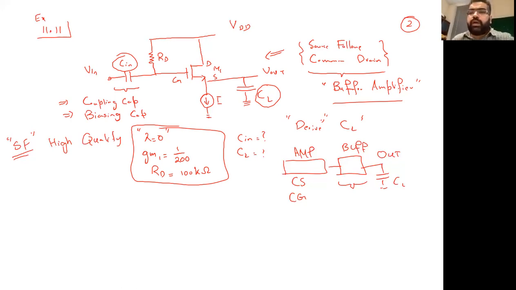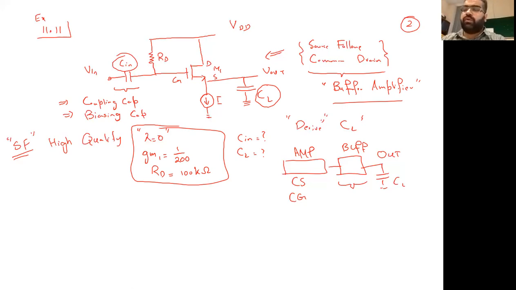Before proceeding, we need to identify what the C in is doing and what the CL is doing. We know from our previous common source configuration, the CL was ultimately coming at a load and was doing that high frequency cutoff.